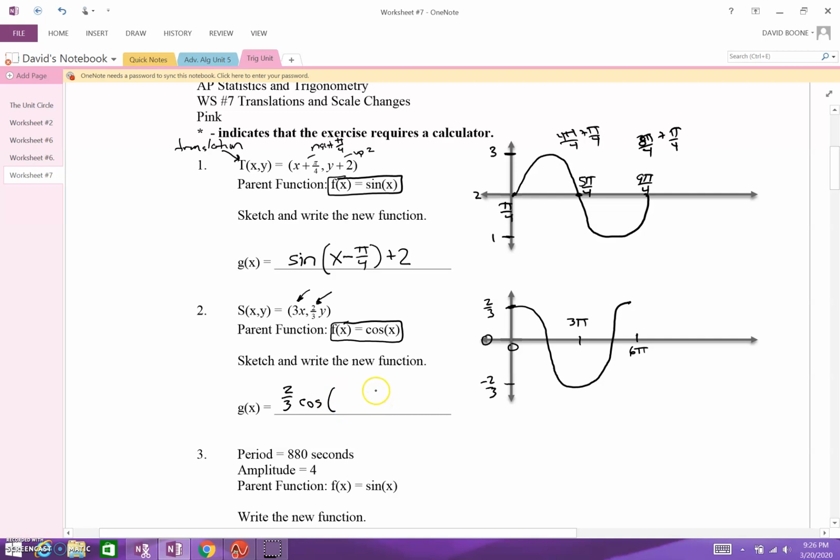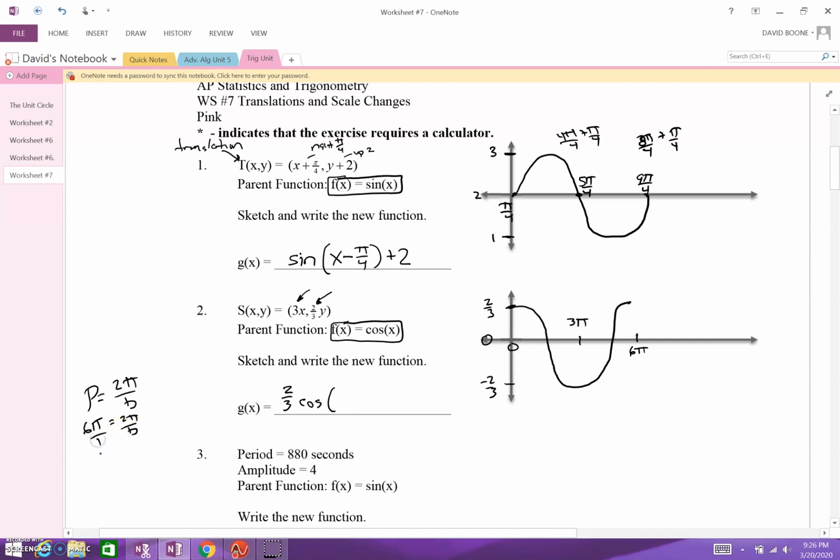And now here for the b value, that b value that's in there. Now remember, period equals 2 pi over b, so we're trying to solve for that b. My period in this problem is 6 pi. It takes 6 pi to get from the start to the same spot again. So I'll just do a little quick proportion here. 6 pi equals 2 pi over b.